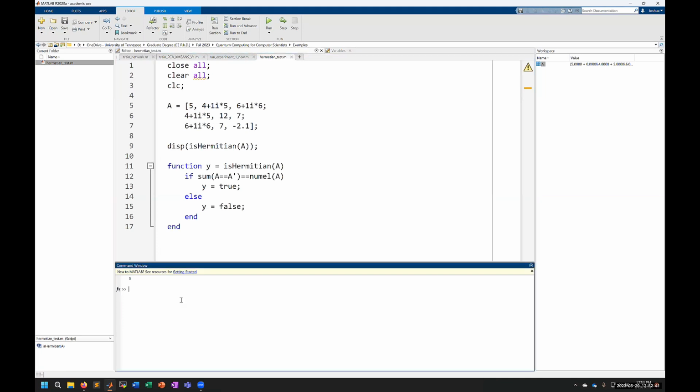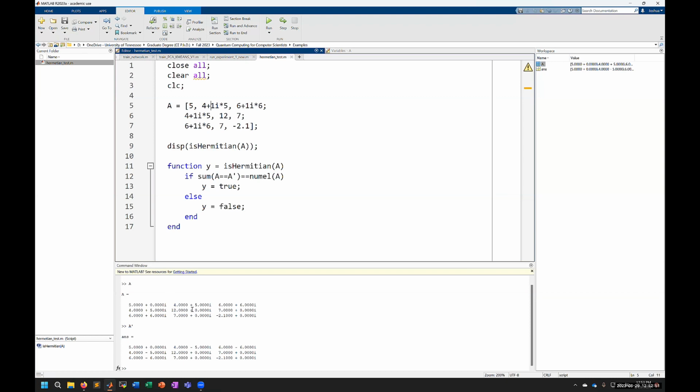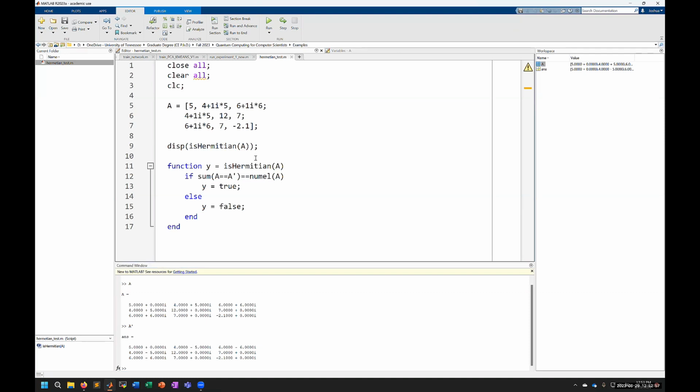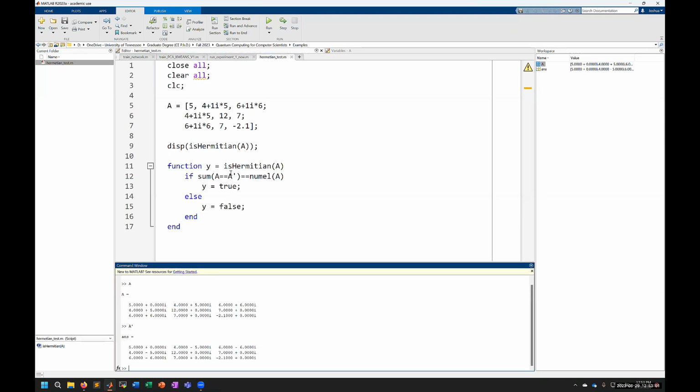Sorry, I'm trying to see why these aren't. Okay, so the complex conjugate isn't the same. So let me try.